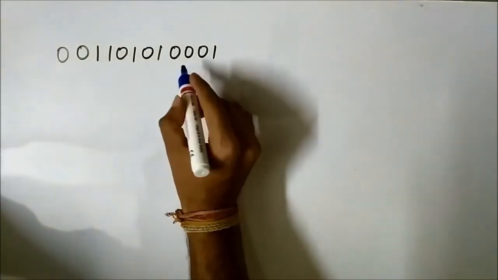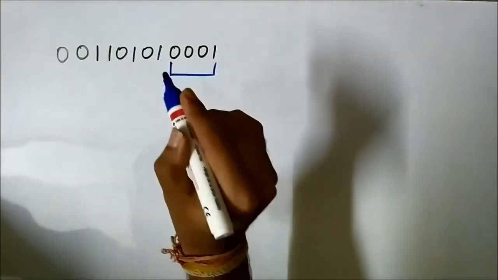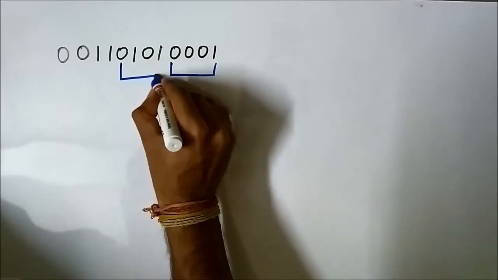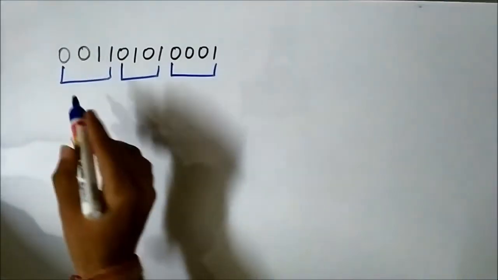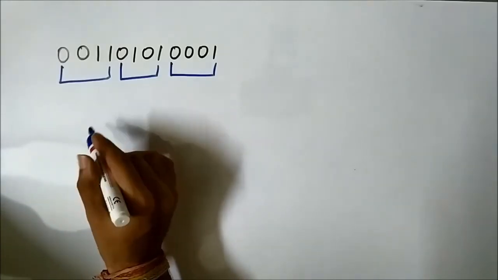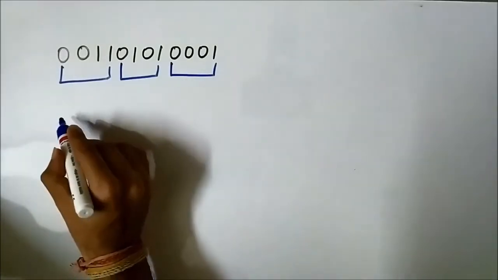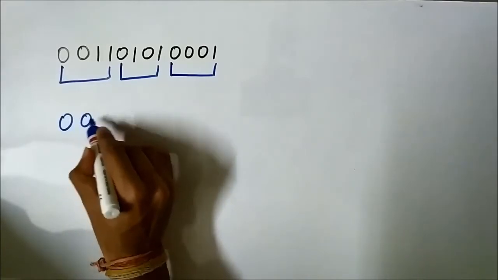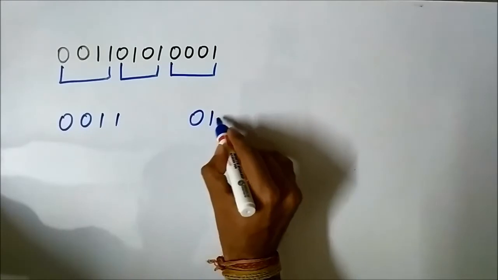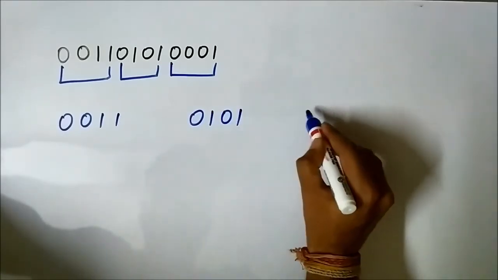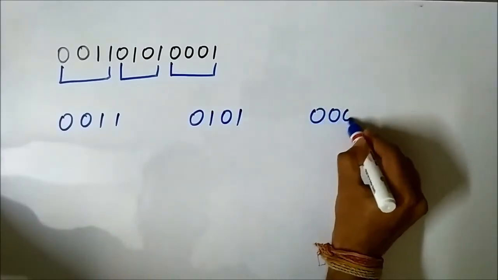Again the same step: we make 4-bit groupings starting from the LSB. This is one 4-bit grouping, this is one 4-bit grouping, and this is one 4-bit grouping. Then we write each of the 4-bit groupings separately: 0 0 1 1, 0 1 0 1, 0 0 0 1.